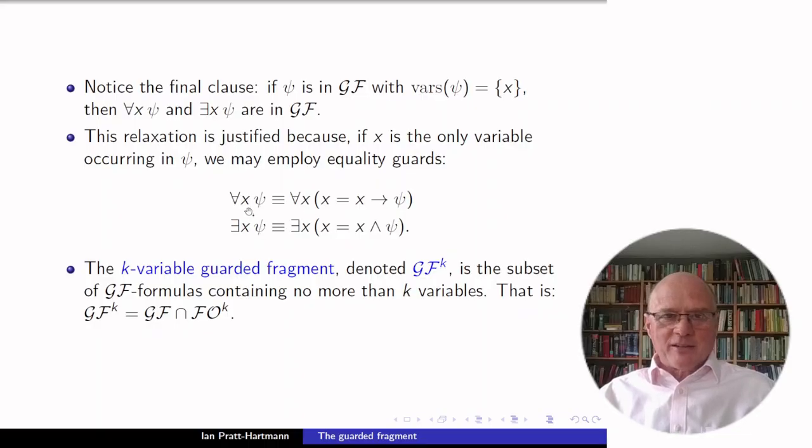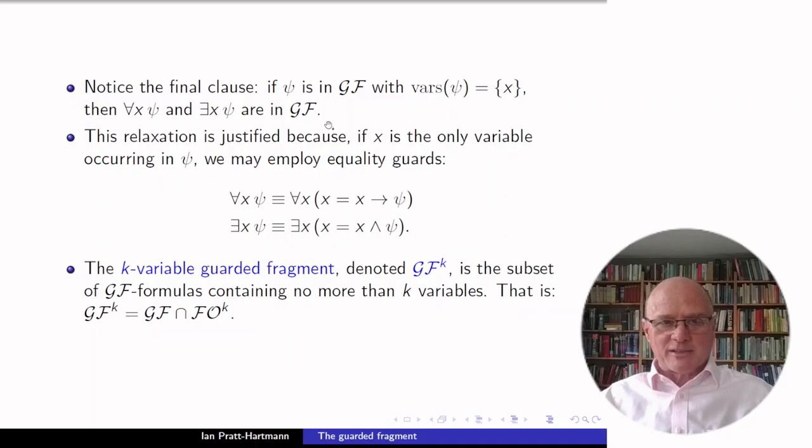And similarly with universal quantification, for all x psi, if x is the only variable occurring in psi, then I can take for all x psi to be equivalent to for all x, if x equals x, then psi. So that effectively is also guarded. And so we don't need to worry about this extra clause allowing universal and existential quantification freely when there's only one free variable.